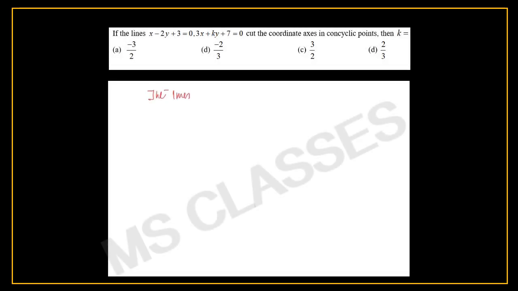Given the lines x minus 2y plus 3 equal to 0 and 3x plus ky plus 7 equal to 0, cut the coordinate axes in concyclic points.